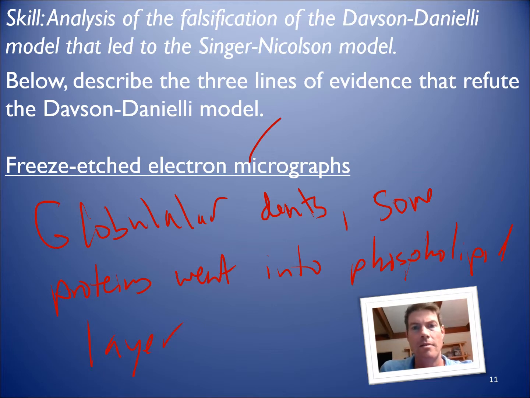Okay, so a lot of dense, showing some. It wasn't just smooth like they would expect. So that doesn't quite fit the model. You have these bumps and everything, and there's a picture either here or in your book.